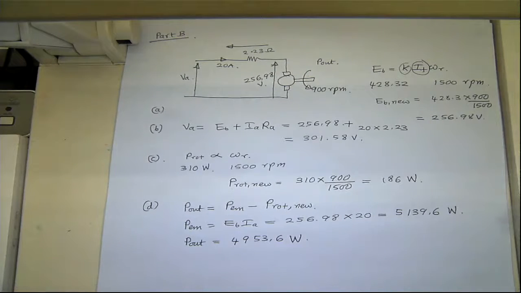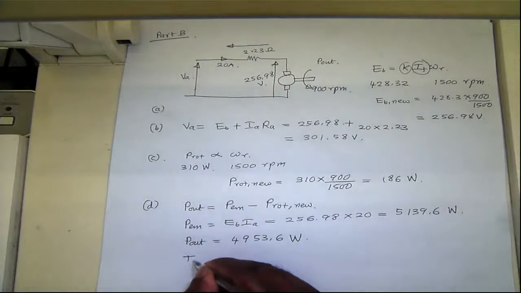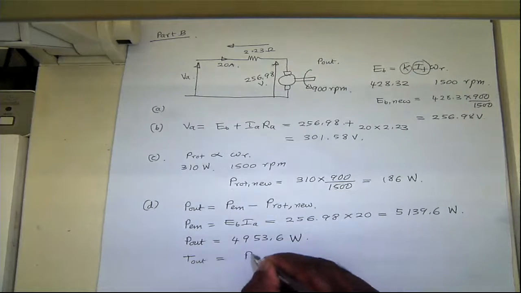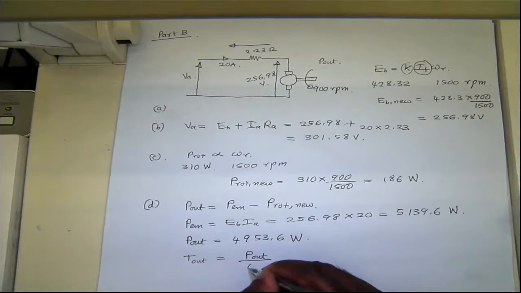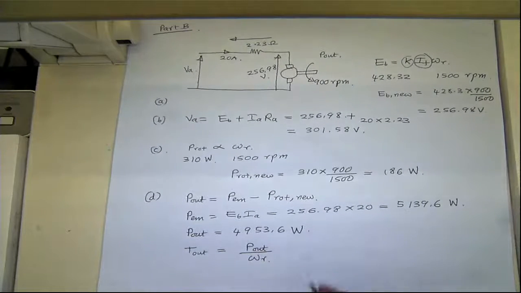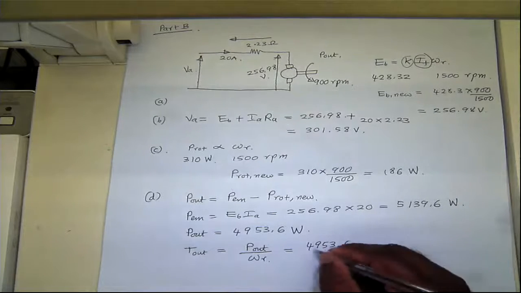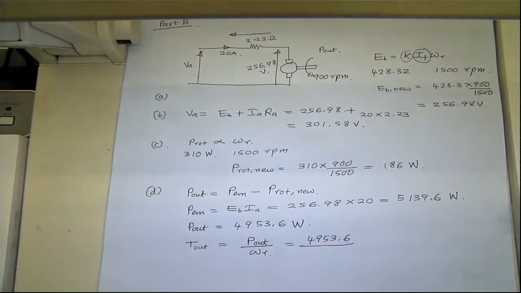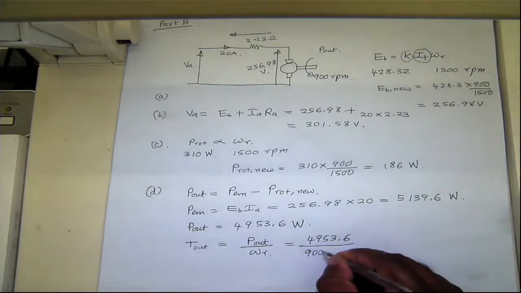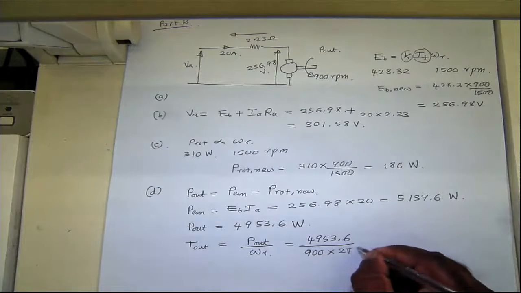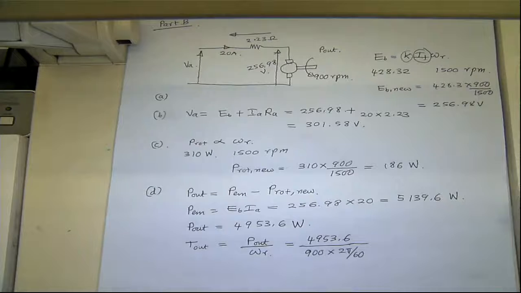And then you have to find torque as well. So the output torque will be the output power divided by the shaft speed, which is 4953.6 watt divided by speed. It's rotating at 900 RPM. So then that's 900 times 2 pi over 60.